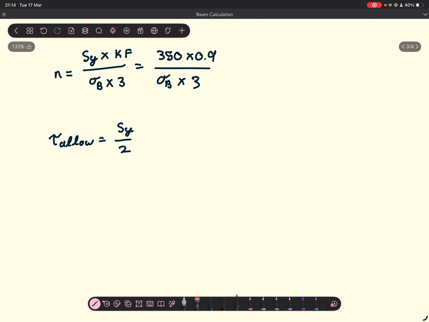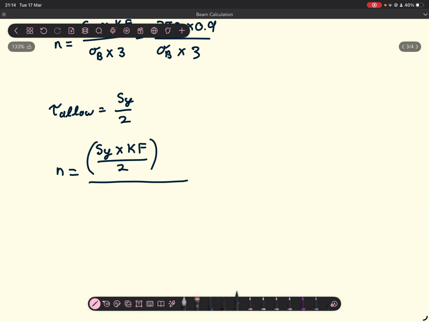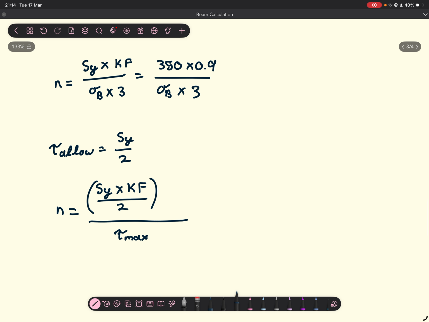So to get our safety factor, it will be our yield strength multiplied by a knockdown factor divided by 2, right? Then it would be divided by our tau max.